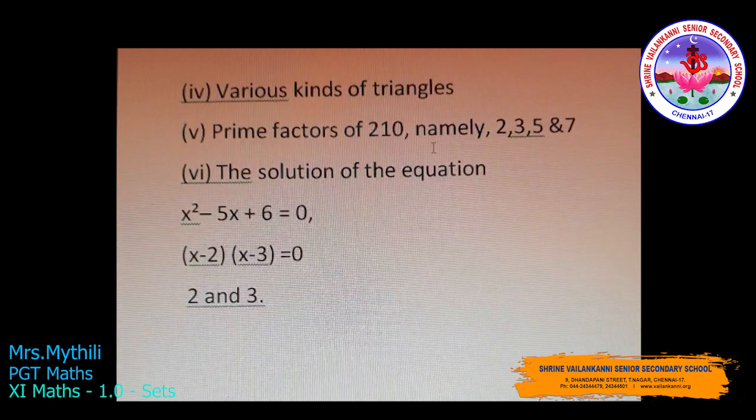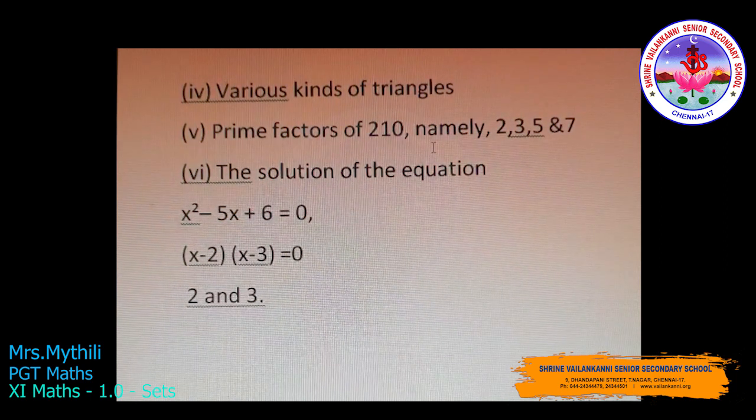We can see other examples of a well-defined collection of objects, that is, various kinds of triangles, prime factors of 210. The factors of 210 are 1 into 210, 2 into 105, and it goes on. But we have the prime factors of 210, that is 2, 3, 5 and 7.